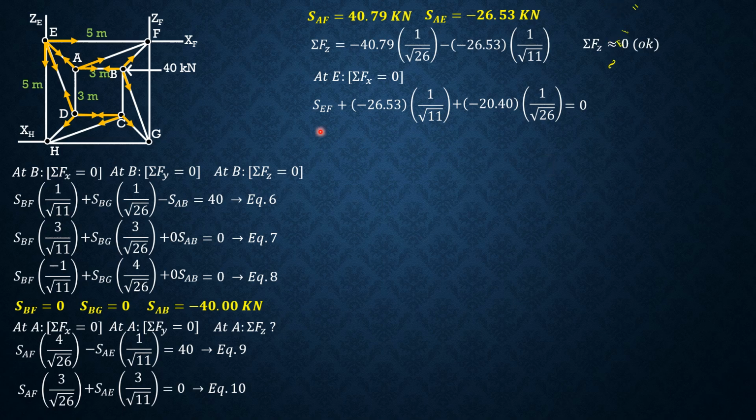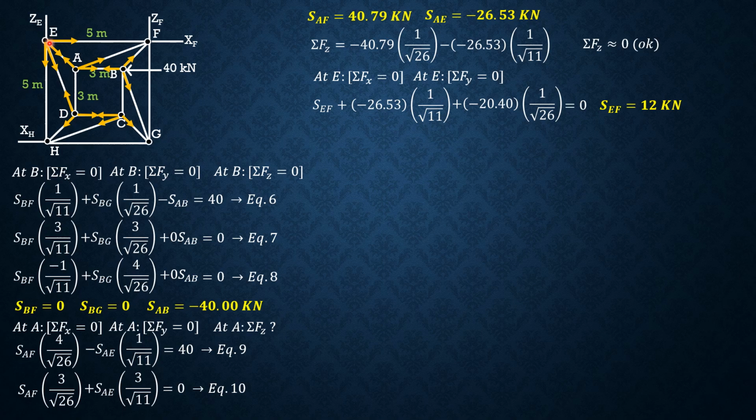So we can now solve SEF. Stress in EF is positive 12 kilonewtons. So we can solve the vertical reaction at E, which is denoted YE. Summation forces Y equals 0, upward positive.